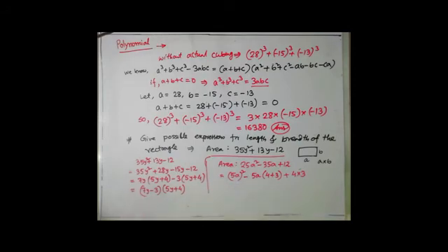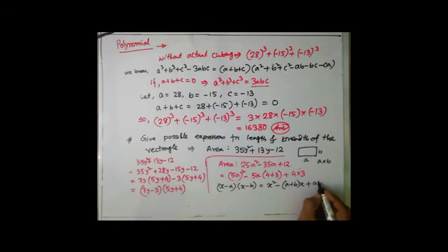I think this formula is known to you: x minus a multiplied with x minus b will give you x square minus a plus b into x plus ab. And check this part matches with that part.